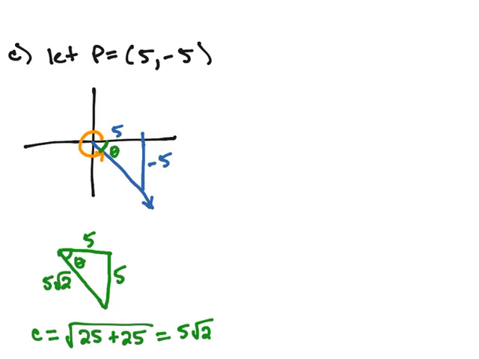All right, and then we've got our all-star trig class that tells us since we're in quadrant 4, cosine's going to be the only thing that's positive.